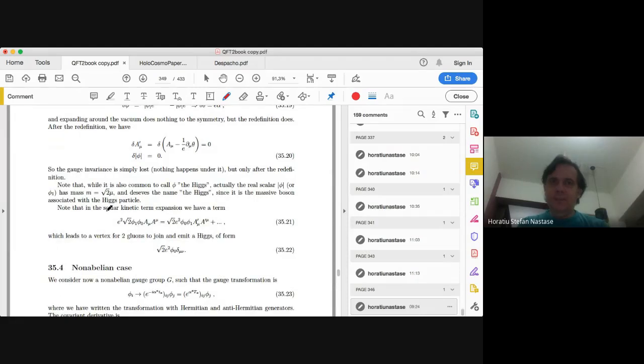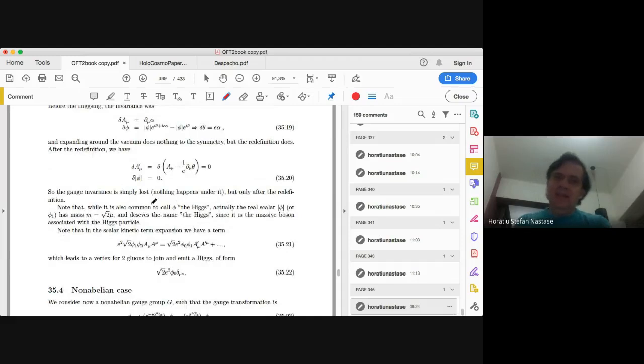Okay. Another point to note is that while it's also common to call φ the Higgs boson, actually the real scalar, the real part, the absolute value |φ|, or in other words its variation φ_1, has a mass, and therefore this object with a mass deserves the name the Higgs boson, since it's the boson associated with the particle that we observe in experiments.